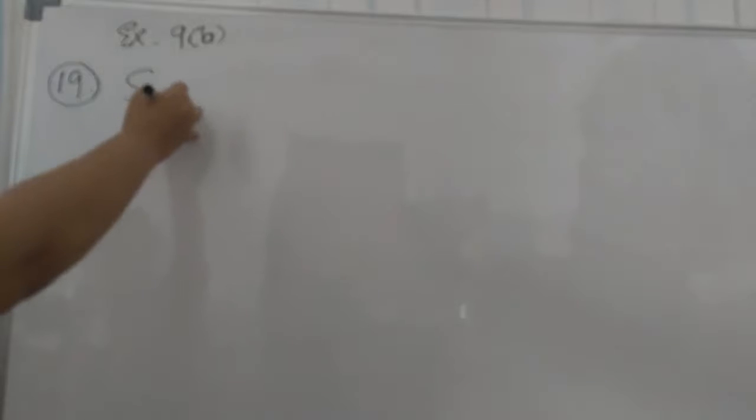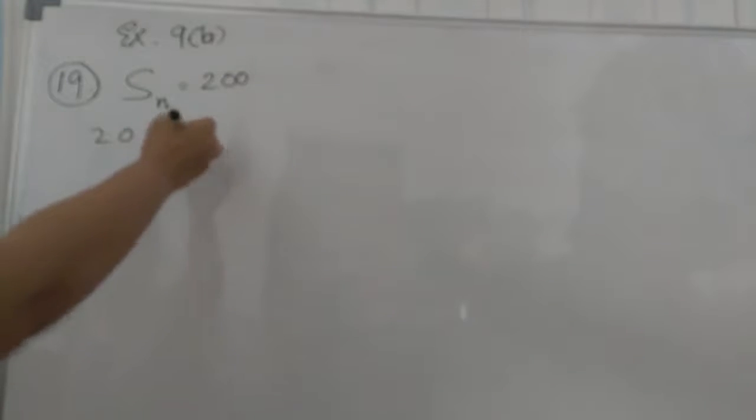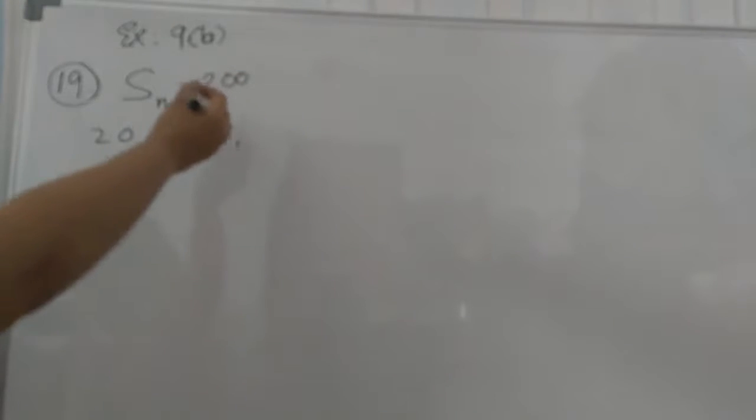So here in the question, first of all we are given the Sn value: the sum of all the terms is given as 200. Then we are given the AP, the arrangement of logs like this: 20, 19, then 18 and so on.